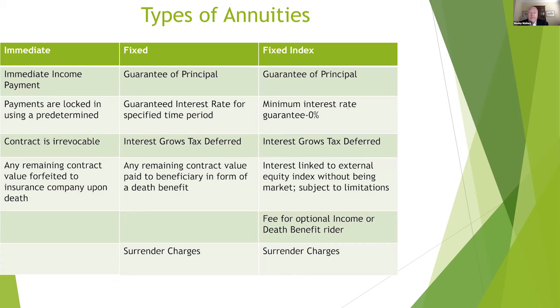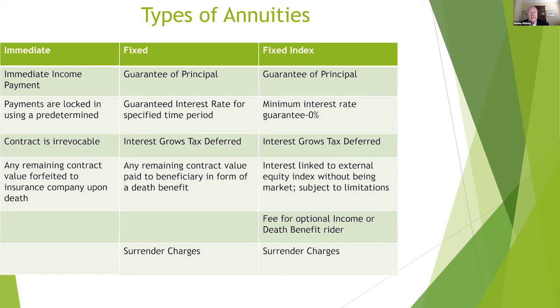The fixed indexed annuity also has a guarantee of principal. The minimum interest rate is 0. Your interest grows tax deferred. And the interest is linked to an external equity index without being in the market. It's linked to an index without being in the market. I'm not going to go into detail about that.